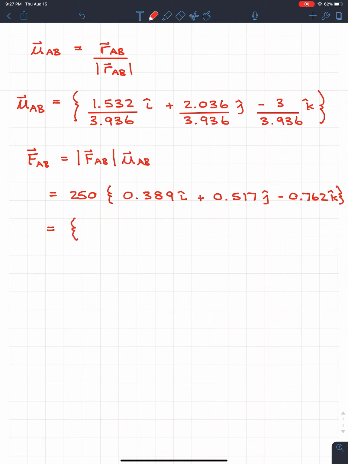It's going to be 97.3i, and to get that, all I did was multiply 250 by this 0.389, and then it's going to be plus 129.3j, so that's our j component.